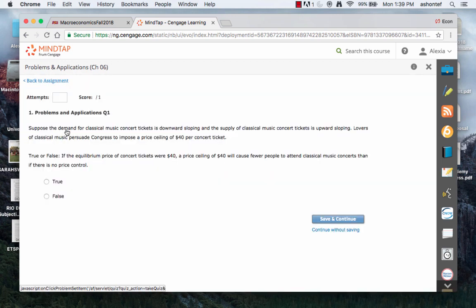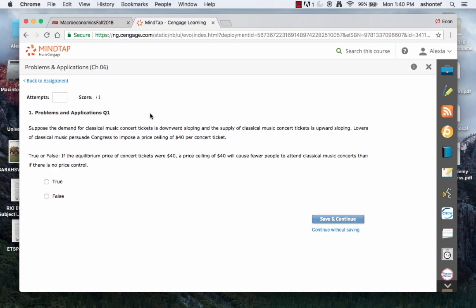So the first question reads, suppose the demand for classical music is downward sloping and supply is upward sloping. That's just a reminder that supply and demand are in the normal positions that we've been studying. And then it says, lovers of classical music persuade Congress to impose a price ceiling of $40 per concert ticket.